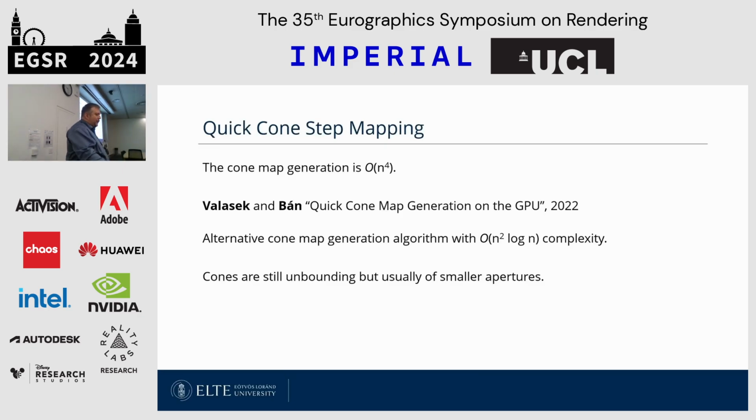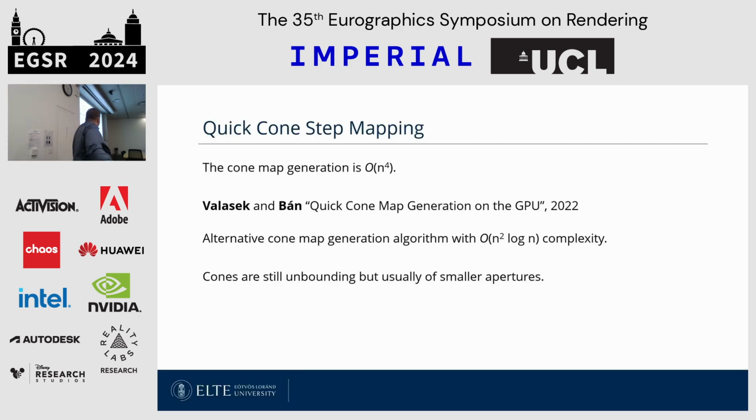So two authors, Walasek and Ban, quite recently introduced quick cone map generation on the GPU. And this has much lower complexity. And despite the resulting cones having a lower aperture, the cones are still unbounding.